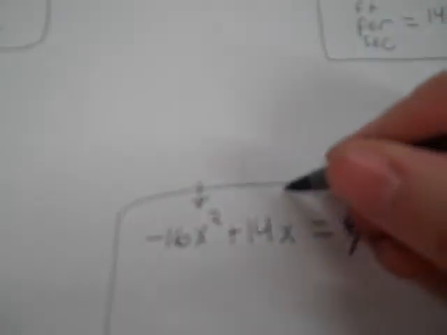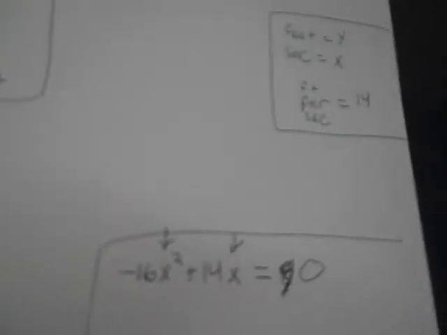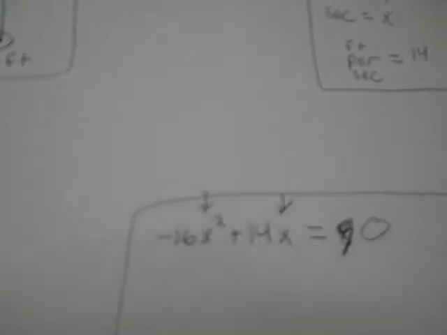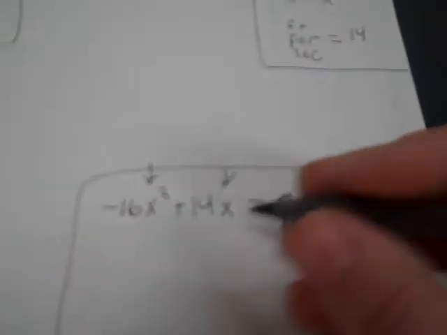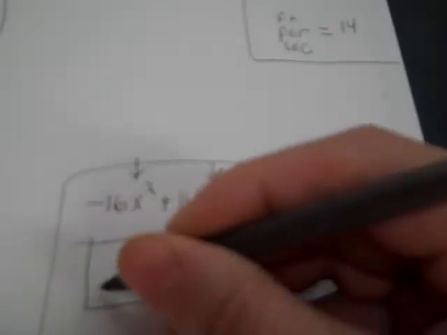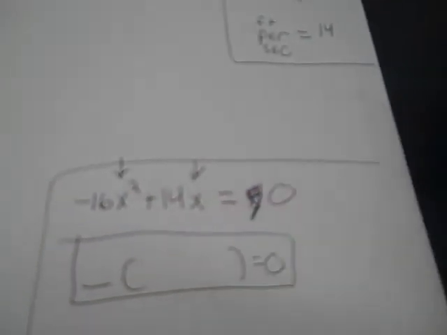Now, 0 feet. The feet is y, so 0 is going to go right here. And that means there are going to be two answers for x because I have an x squared and an x. Now, in order to find this, we have our 0, so I set up my GCF box. Do you have a negative in front? Yes, you do. Do you have x? Then you underline your terms, x squared and x.